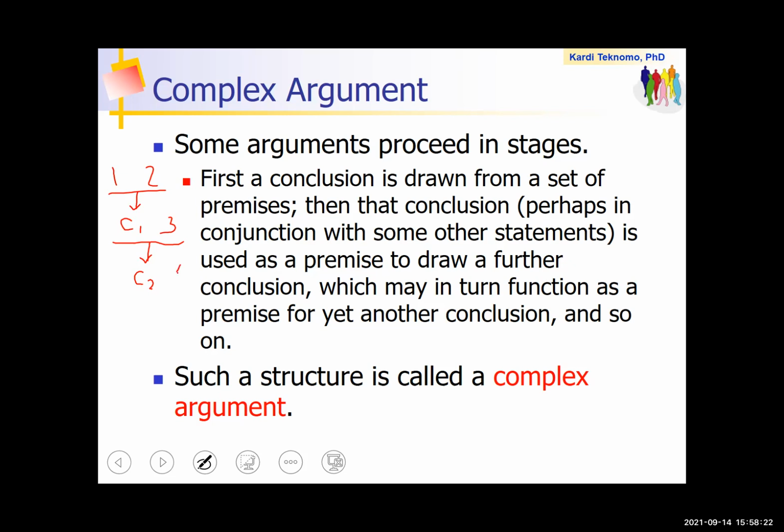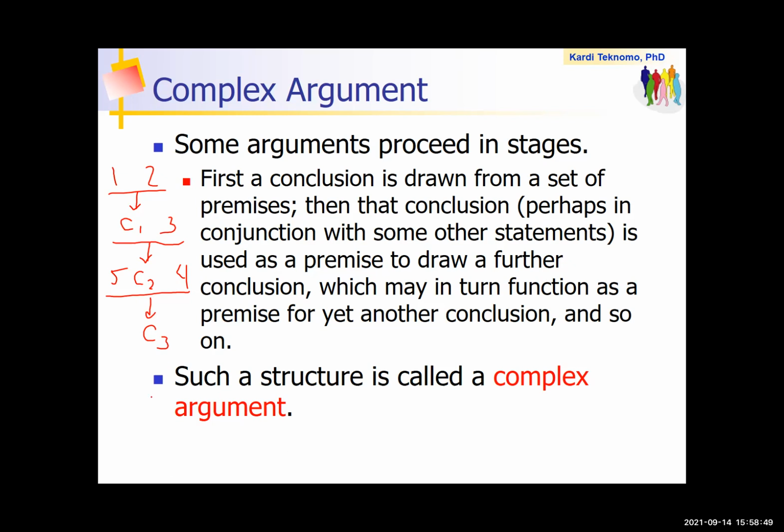You have another argument, number 4 and number 5, and then you create another conclusion named C3. So this is a complex argument, meaning you have an argument that proceeds in stages. Clear? Any question about complex argument?